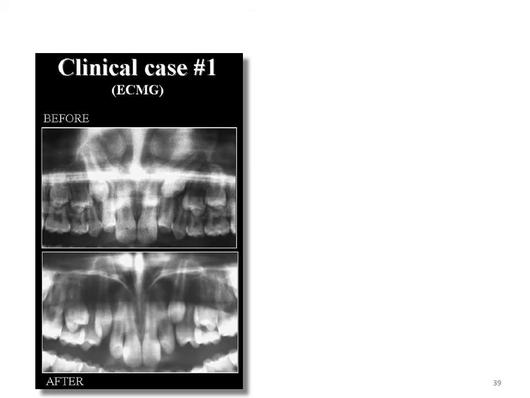Let's look at some cases. These are cases from Erickson and Kurol. And if you have a look, you can see in clinical case 1, before treatment, our canines are in sector 2 and sector 3. And we've extracted the C, and you can see, this is about 1 year later, how they're both in sector 1.